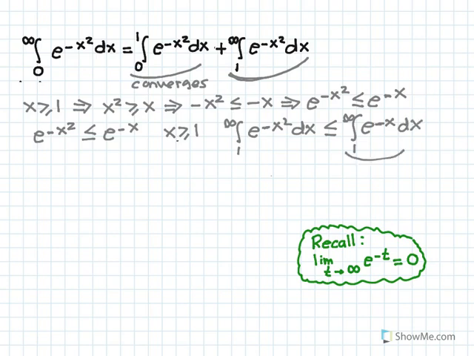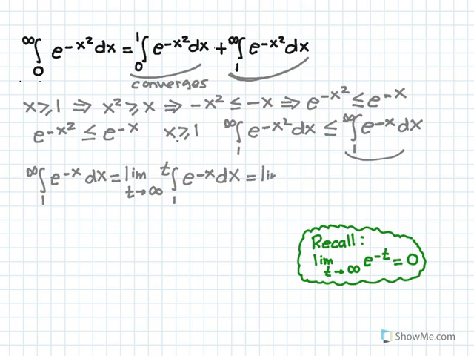This is an improper integral. Let's write it in proper improper integral notation: limit as t goes to infinity of the integral from 1 to t of e to the minus x dx.